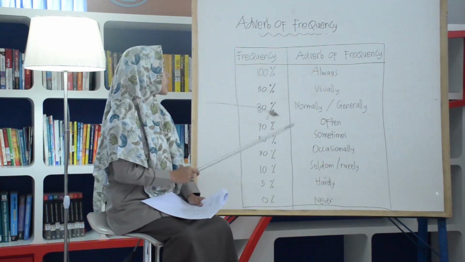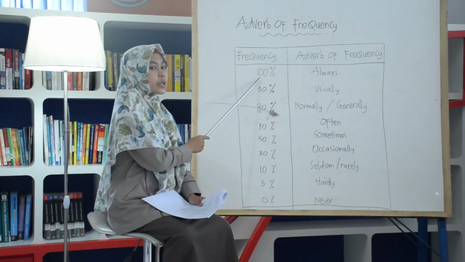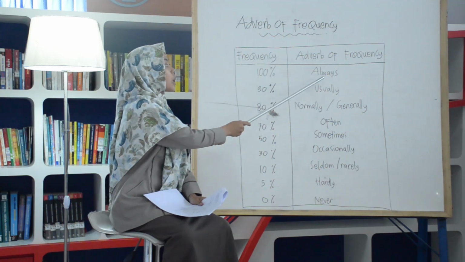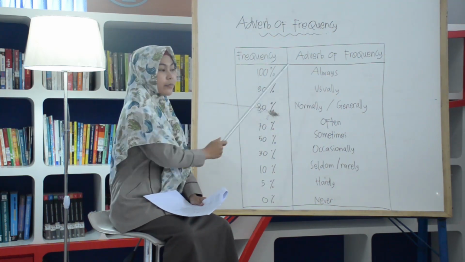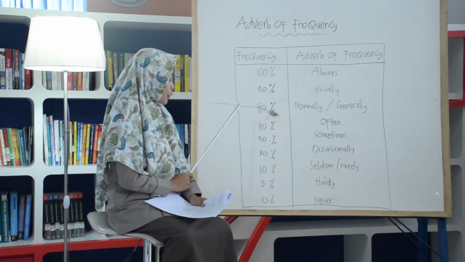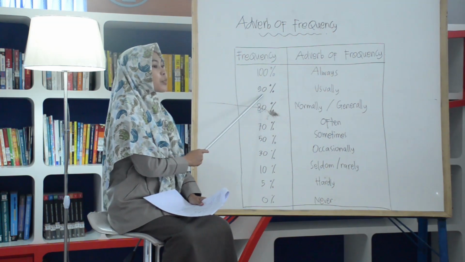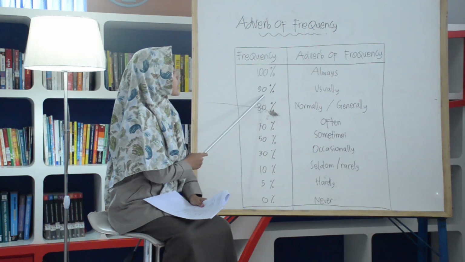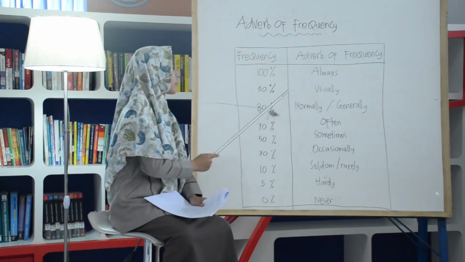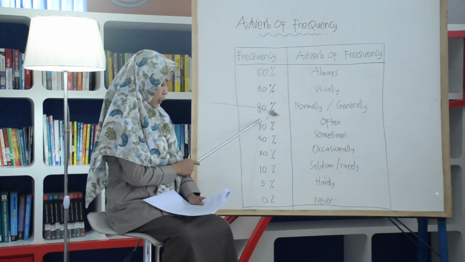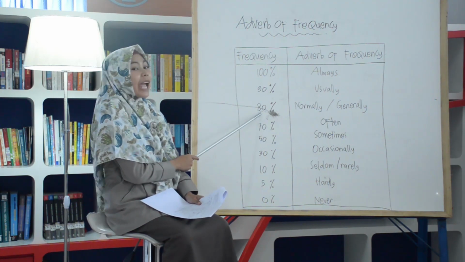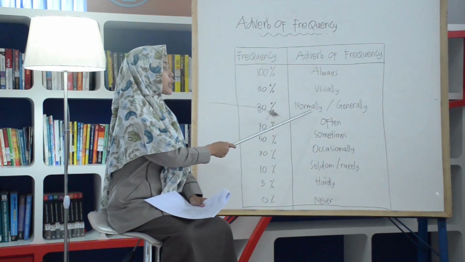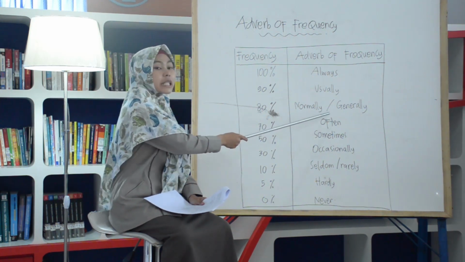If you do an action 100%, you have to use always. If you do the action 90%, you say usually. If you do the action 80%, you can say normally or generally.